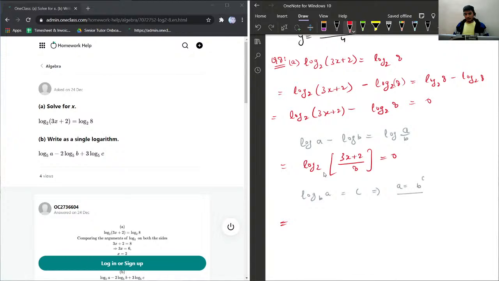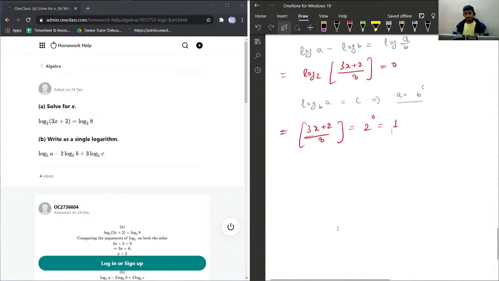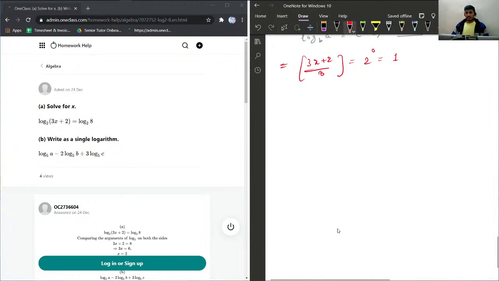If I take this (3x plus 2) over 8 as a, this 2 as b, and c as 0, then I can write (3x plus 2) over 8 equals 2 to the power 0. If we raise any number to the power of 0, that number will be nothing but 1.